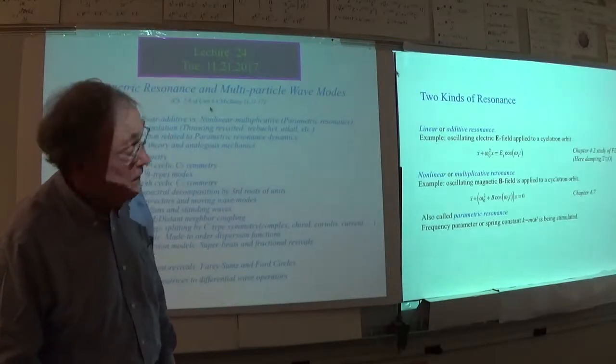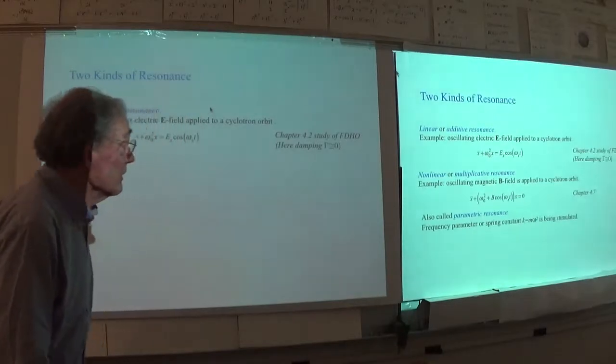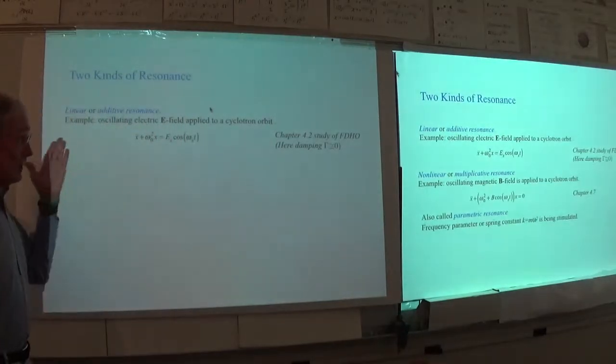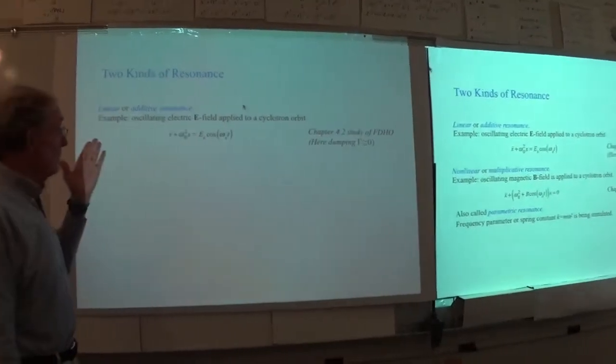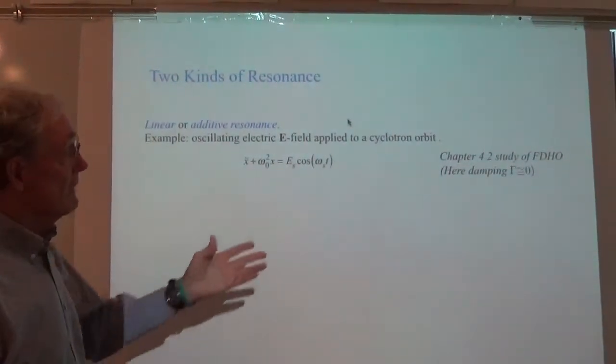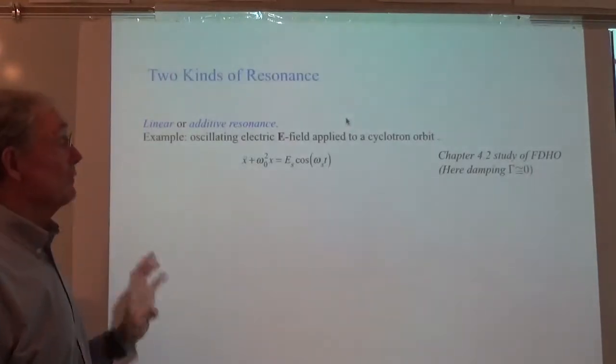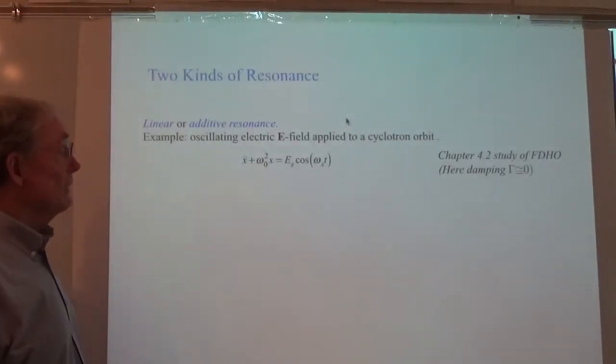So the basic idea here is that so far when we talk about resonance, for example, an oscillating electric field applied to our cyclotron orbit, that would be something that connects rather directly to what we're talking about here.